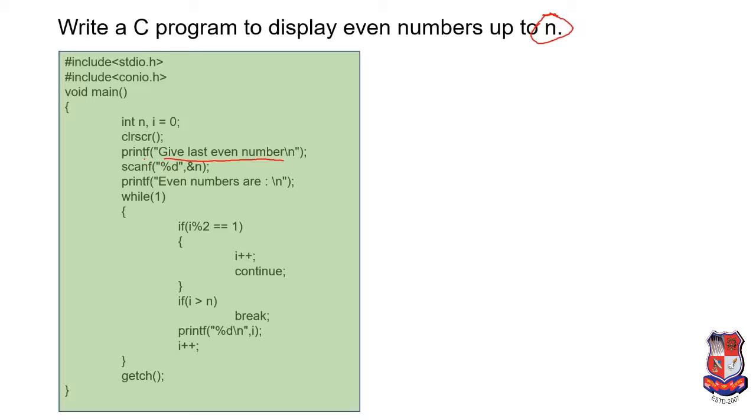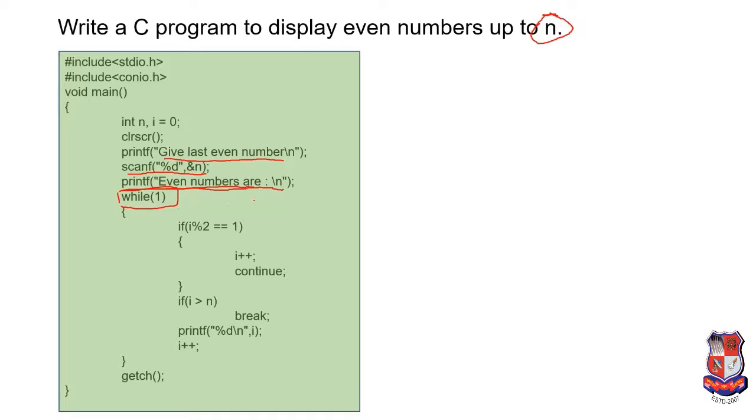So I'm asking the user to give the last even number. Then the user will input the value of n. Whatever the value of n is, it is the last number of the even numbers. Then we are going to print the even numbers, that's why I am writing a message over here, that is, even numbers are. After it I am using a while loop.